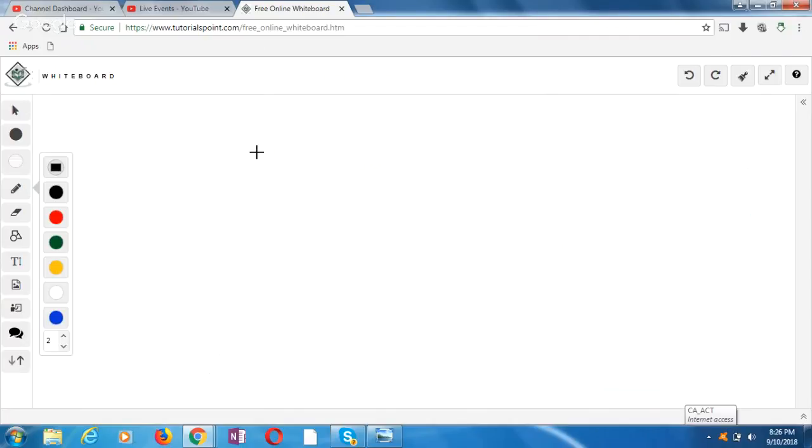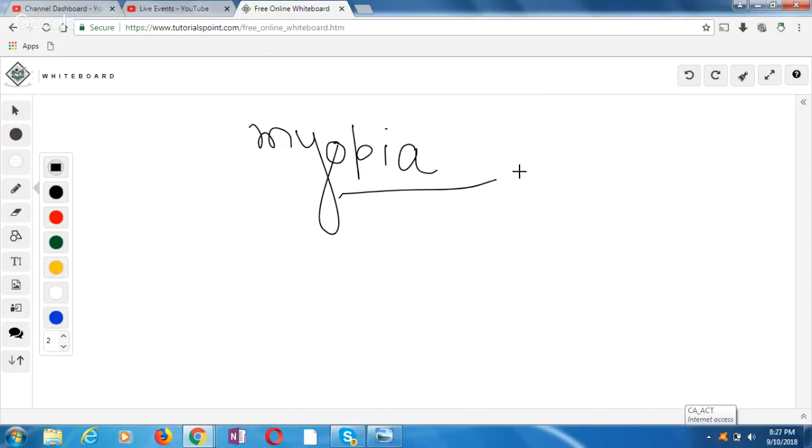So guys, try to understand what is myopia. Now, in case of myopia, what happens? It is exactly opposite to long sightedness. Myopia is also called short sightedness.